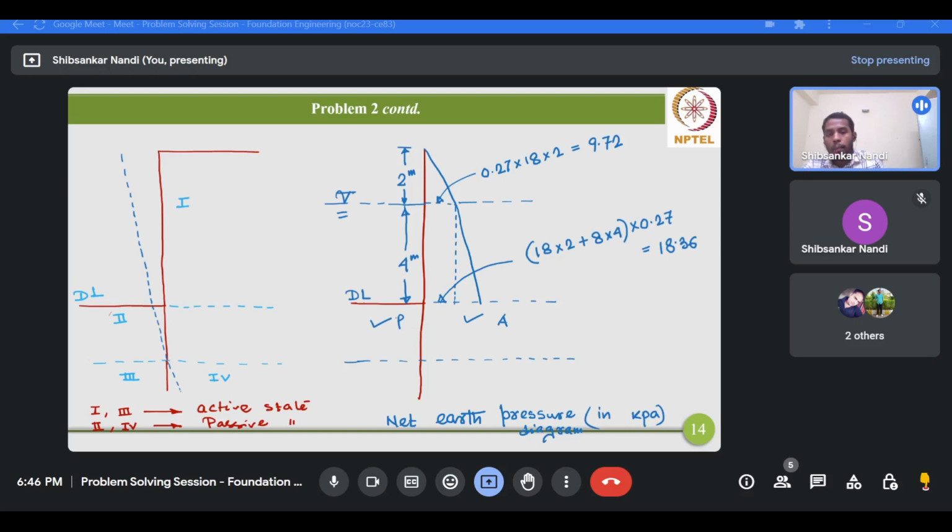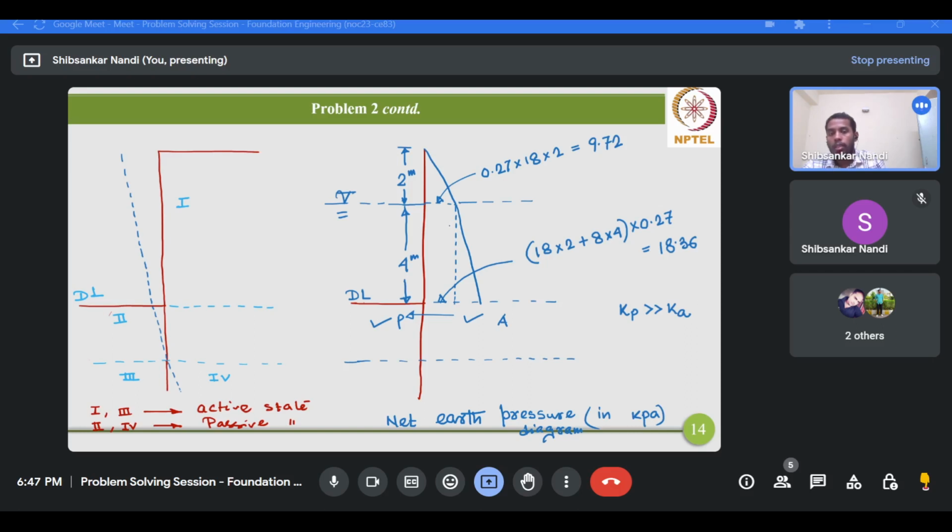Since the passive pressure coefficient Kp is much higher than the active earth pressure coefficient Ka, the net earth pressure distribution diagram will shift from the right side to the left side. So above the dredge level in region 1, active earth pressure is the net earth pressure.